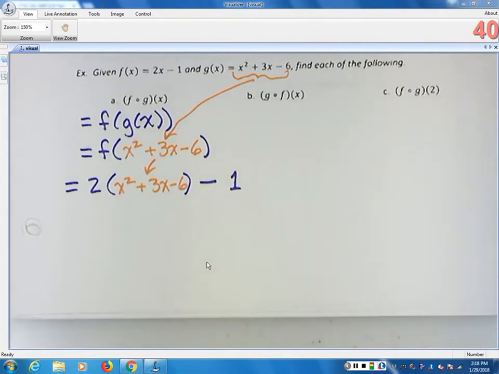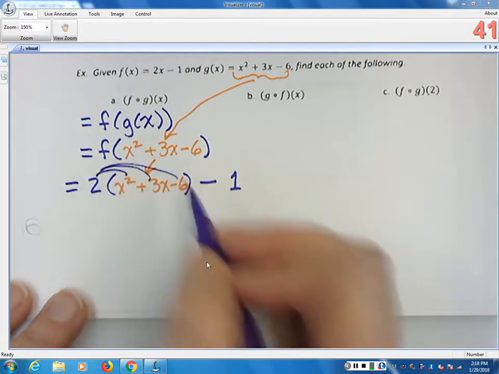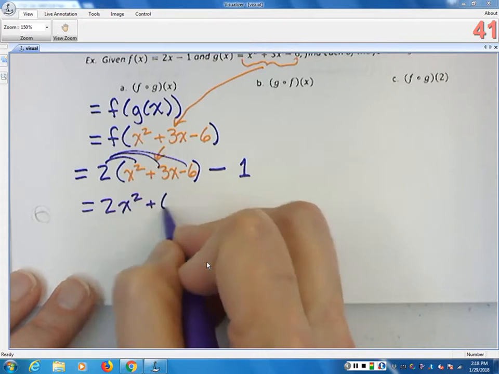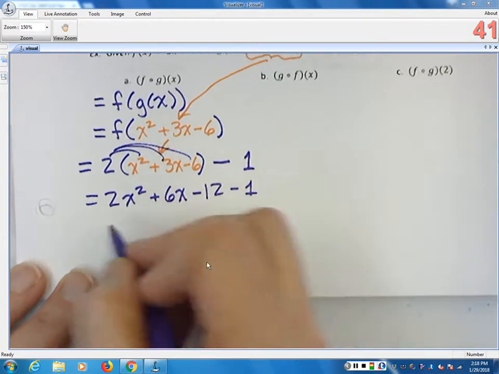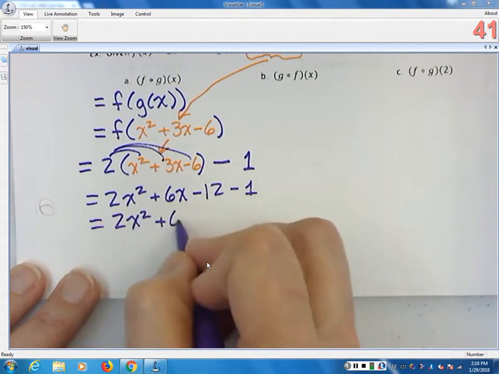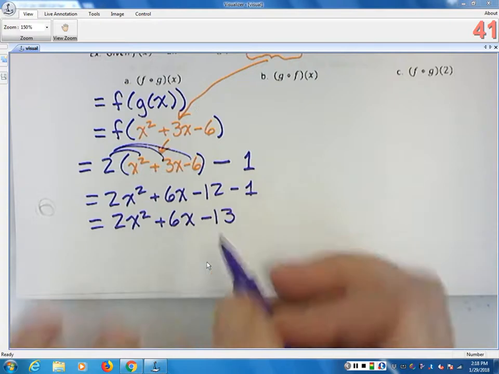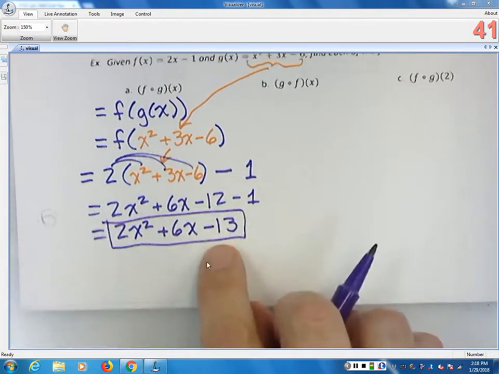And then we're going to distribute. So equals 2x squared plus 6x minus 12 minus 1. Combine our like terms. 2x squared plus 6x minus 13. And that's our answer to f composite g of x.